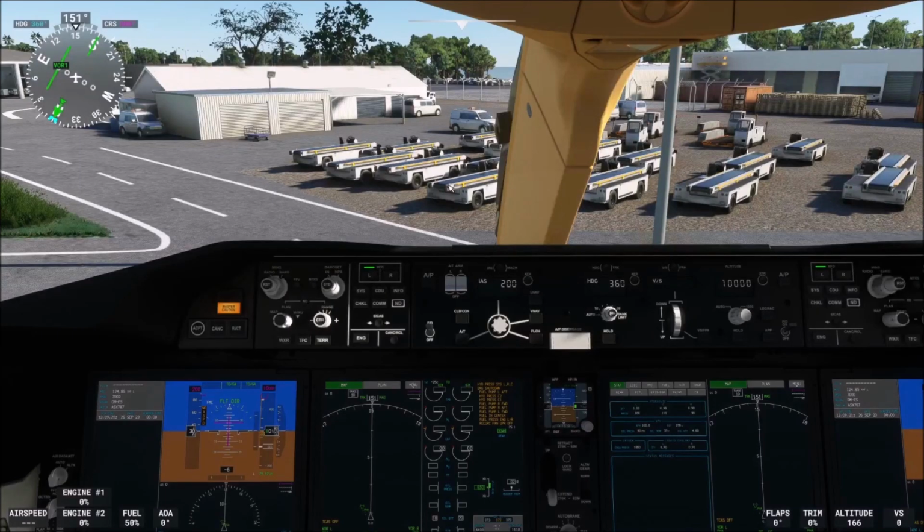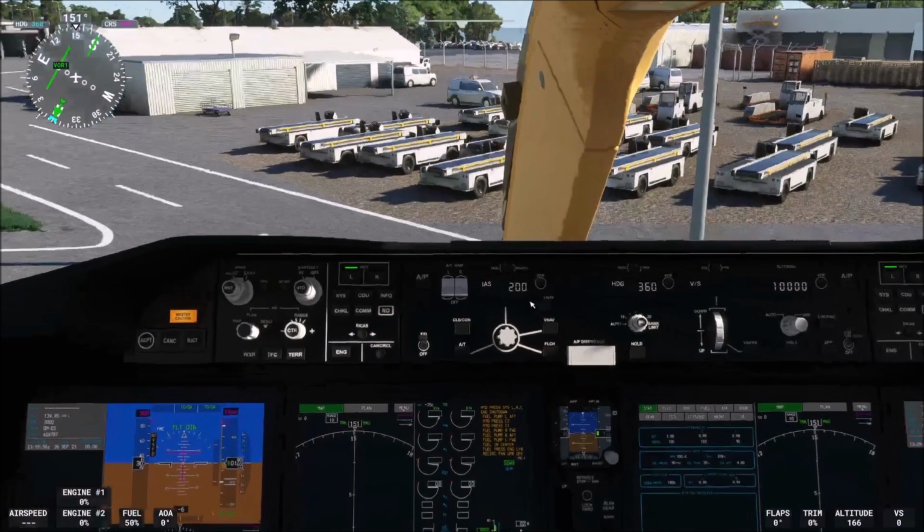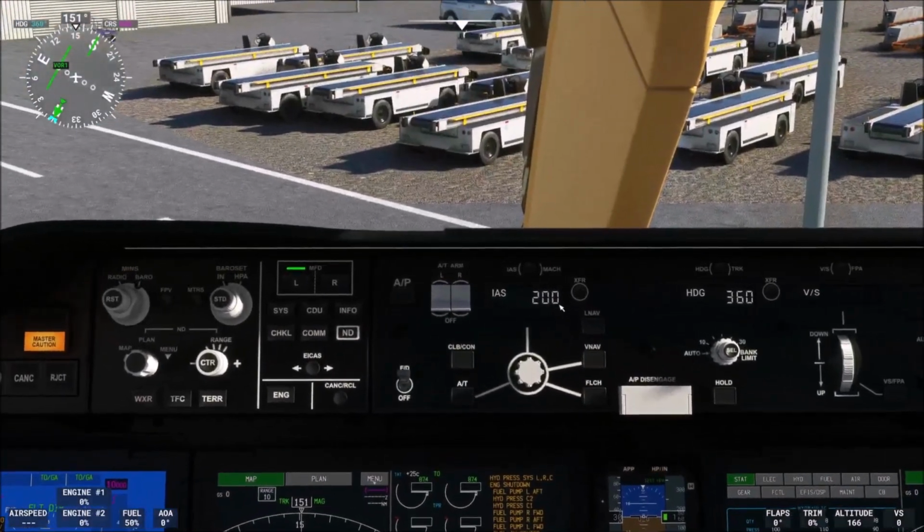I strongly disagree about the next one, but it is not the time for disagreements right now. Auto throttle must be armed, must be set to the arm position. But the truth is that I don't do this. I arm the auto throttle and then I engage the auto throttle here when I'm airborne. And there is a reason for this, because if you, for instance, arm the auto throttle, here you see you have a speed of 200 knots, isn't it?